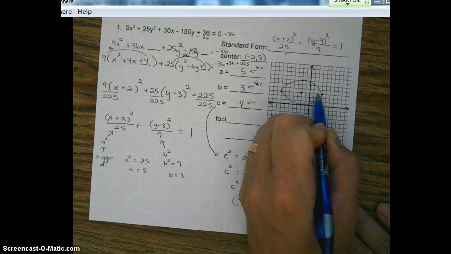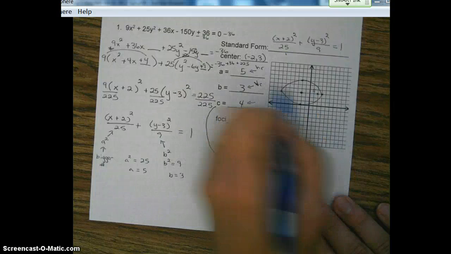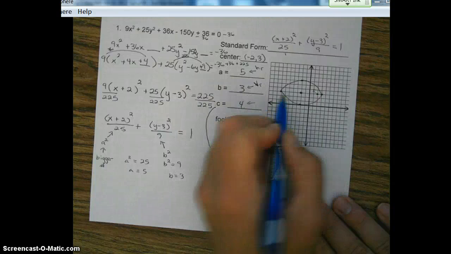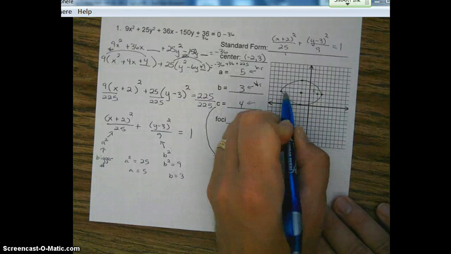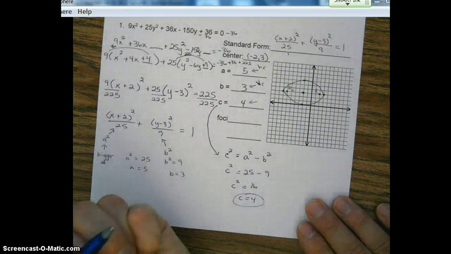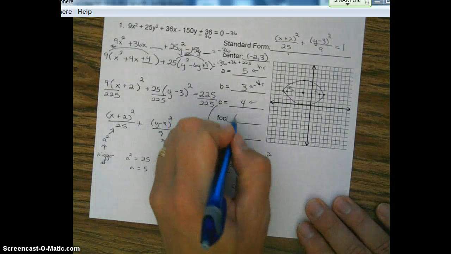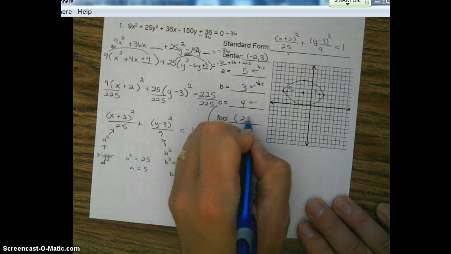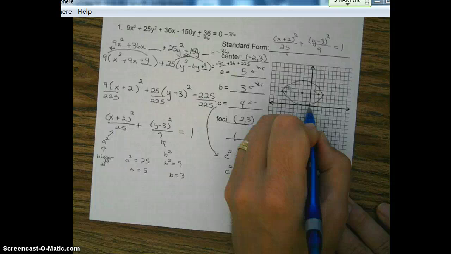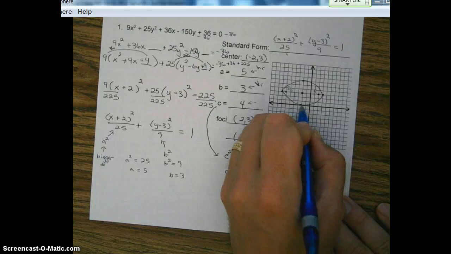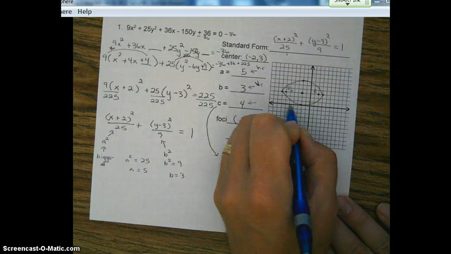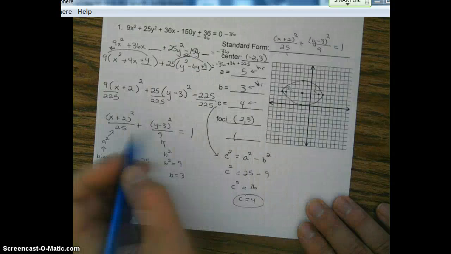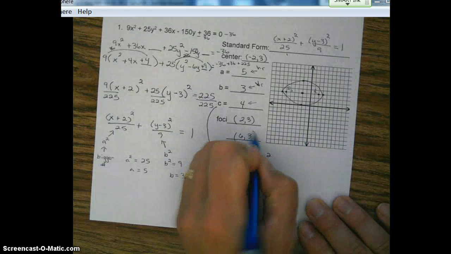So that's going to be 1 foci. 1, 2, 3, 4. That's going to give us our second foci.